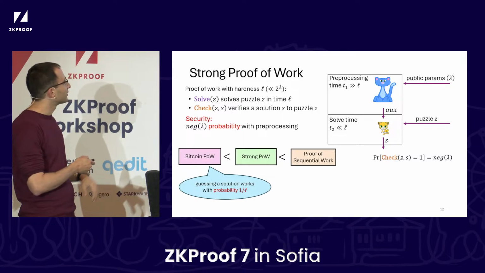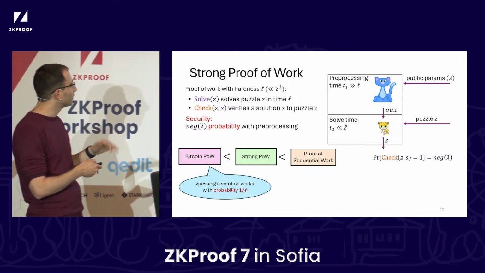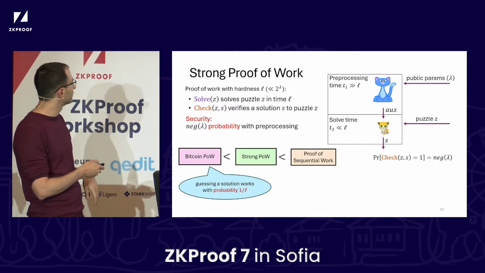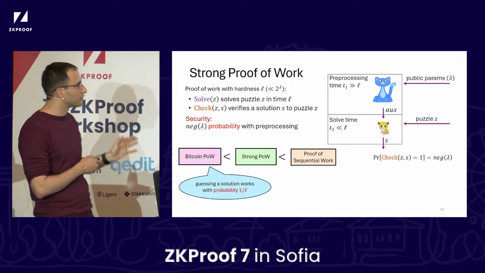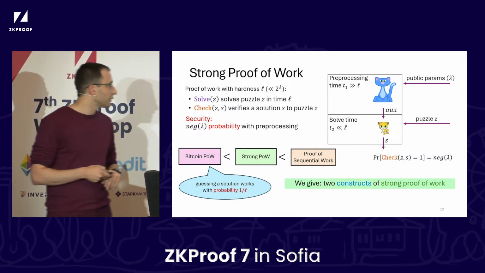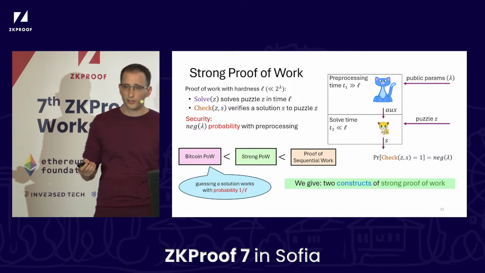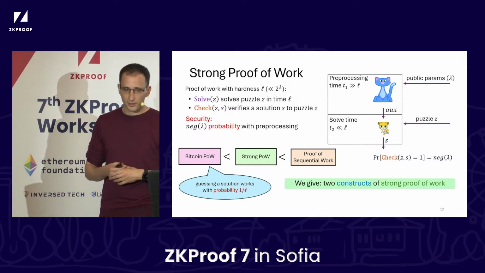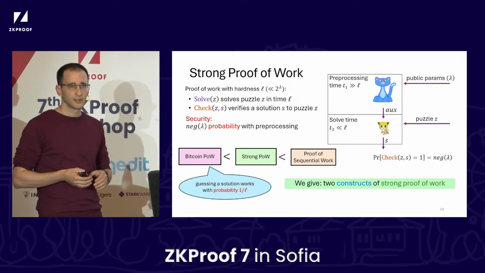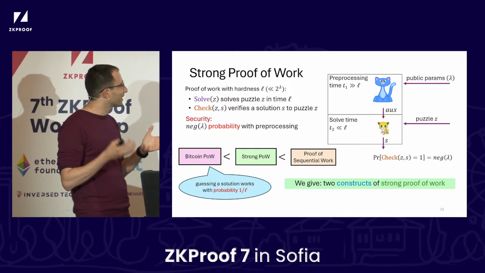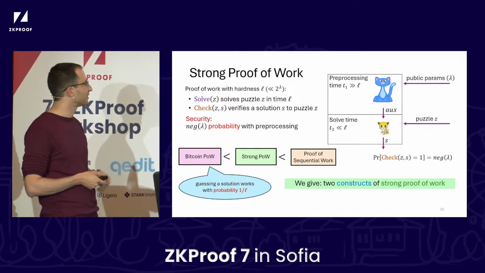Sequential work would suffice, and it's stronger than Bitcoin proof of work. And we actually give 2 different constructions of this proof of work, with trade-offs between the size of the solution.